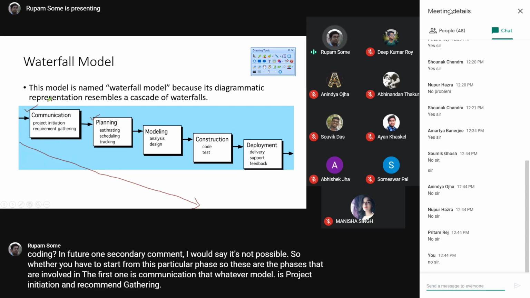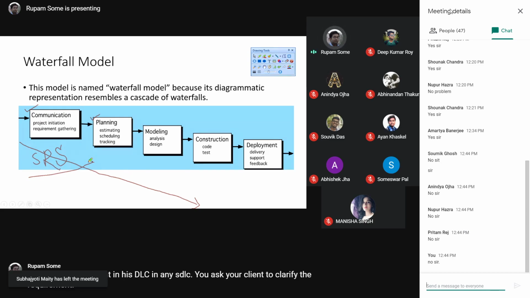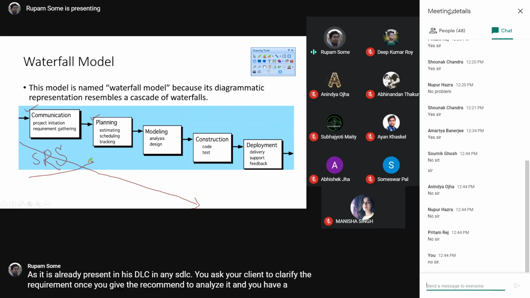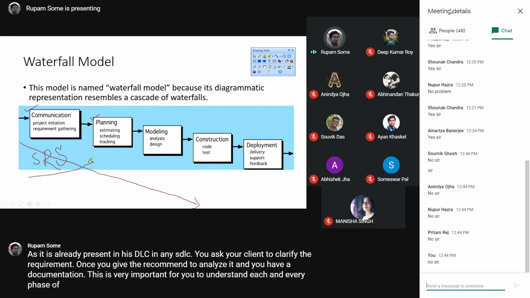So if you complete that particular communication phase, if you get the requirements and analyze them, then you'll have a documentation. That particular document is called SRS, the software requirement specification document. So at the end of this communication phase, after your requirements are analyzed, you'll have the jotted down requirements in a particular file.